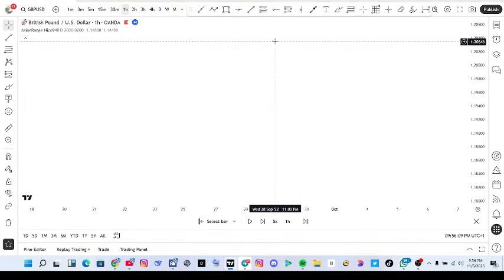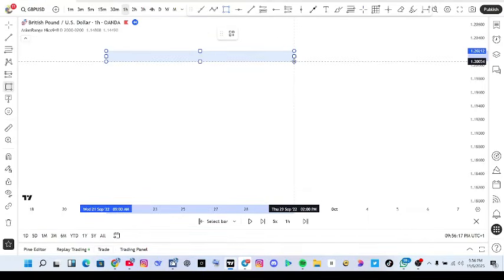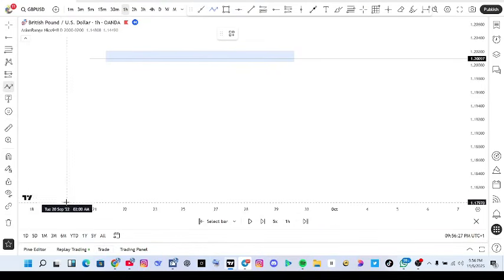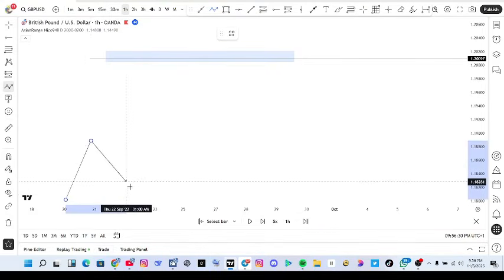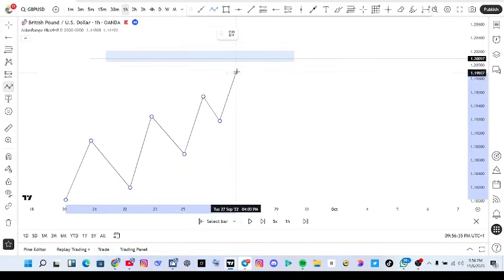Now, if a storyline starts, when it comes to entry, let's say this is your supply and you have a key level there like this. Now, price is giving you a high and a low like this. Now, if this market comes to this place, this is a daily level, for example, or this is a 4 hour level.